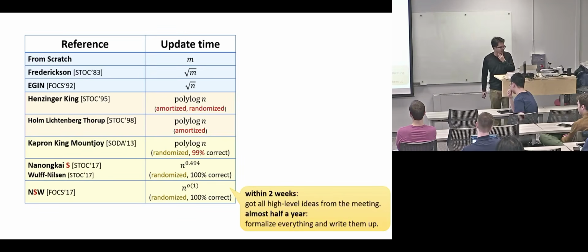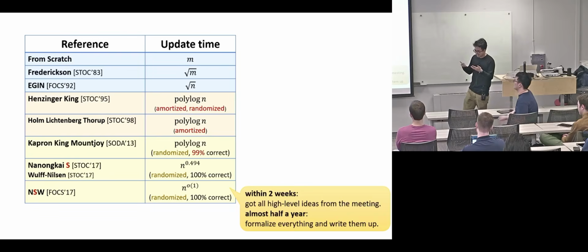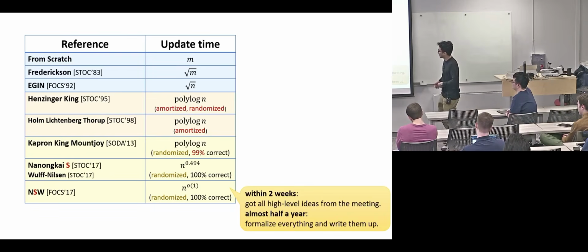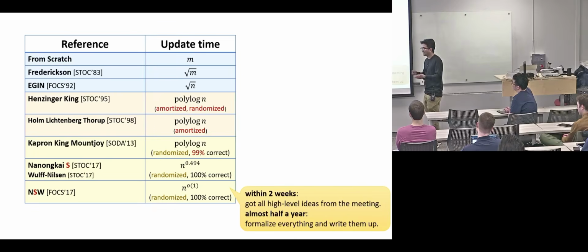But anyway, we learned about each other and tried to work on this together. And it turns out that by just combining our ideas and introducing a new idea, we met for 2 weeks and chatted every day. Within 2 weeks we got basically all the high level ideas for how to improve the running time to n to the o(1).